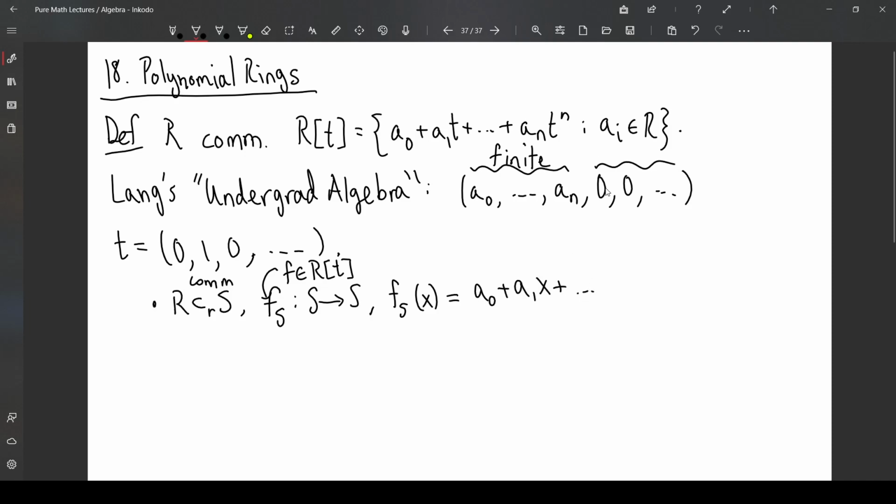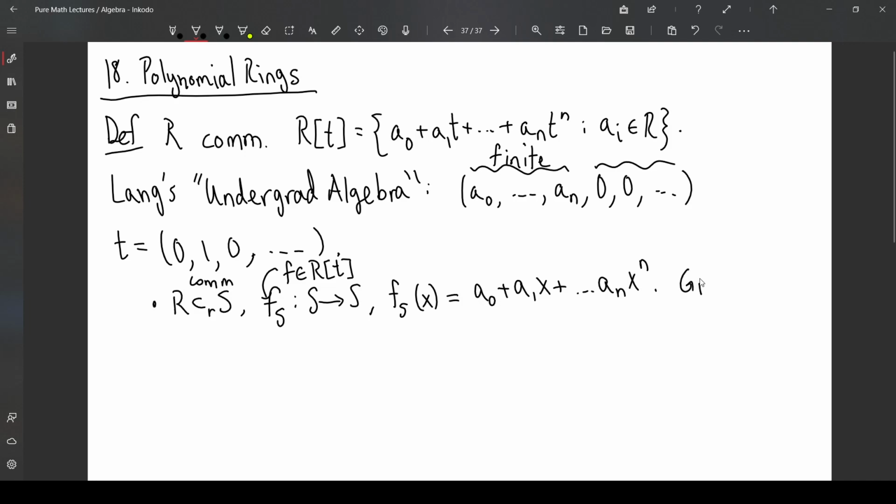So everywhere there's a t, there's an x. And x is an element of S, and all these a sub i's are elements of R, which are also in S. So this whole thing is a well-defined expression in S, and we can do this for any polynomial.